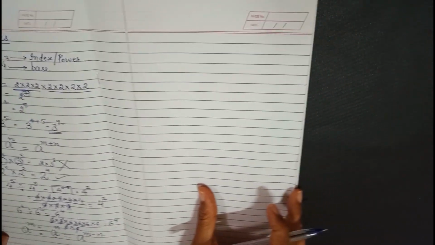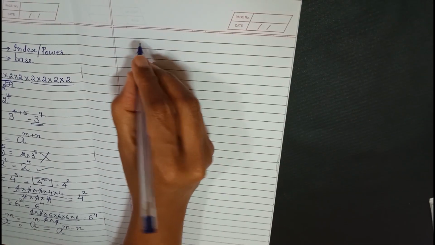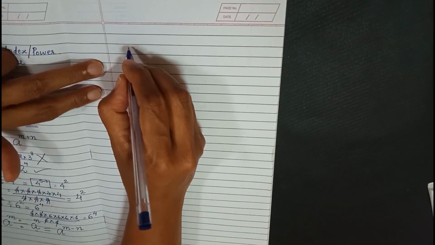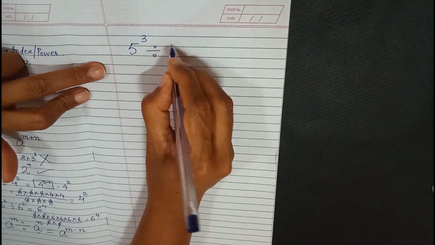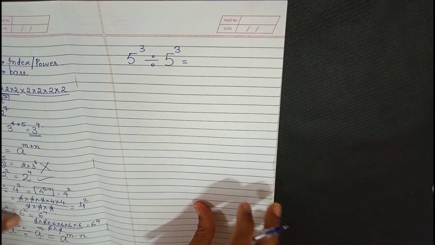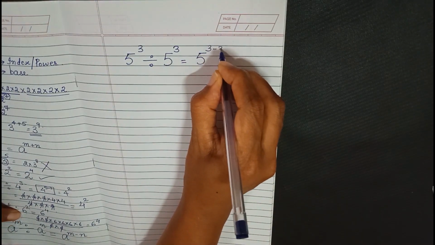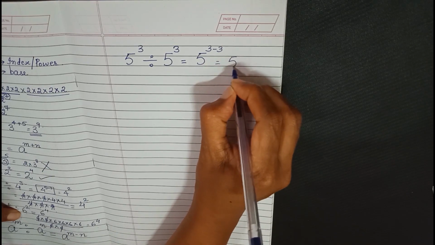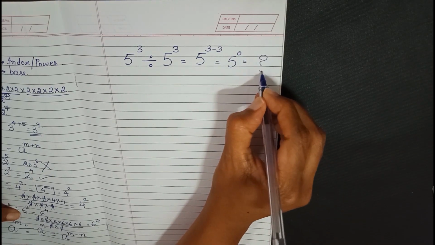Now from this example itself we can get more formulas for indices. So let's say for an example I have 5 raised to 3 divided by 5 raised to 3. Then the answer according to our formula will be 5 raised to 3 minus 3, which is nothing but 5 raised to 0. And what is this 5 raised to 0 equal to?